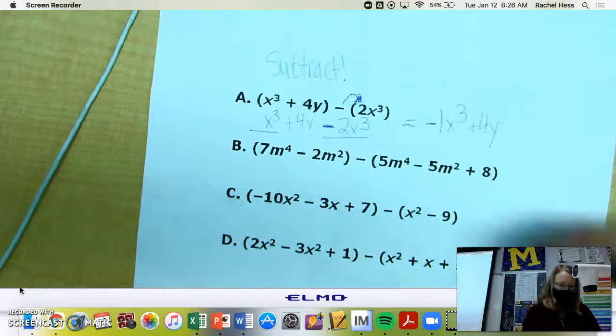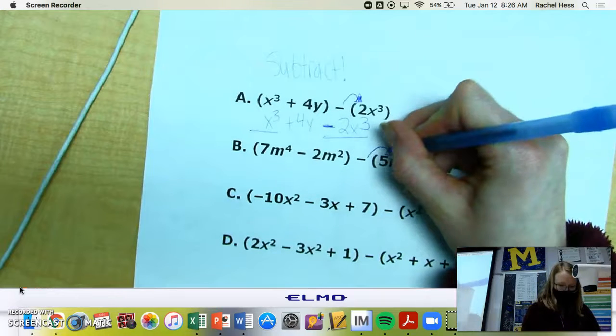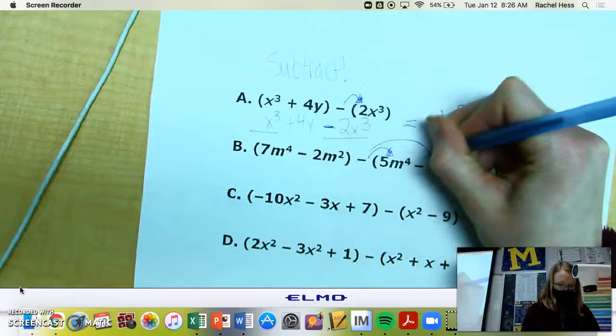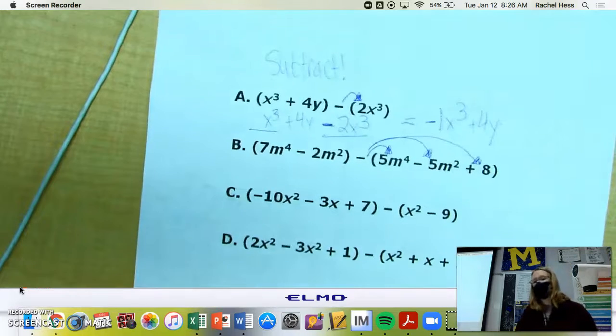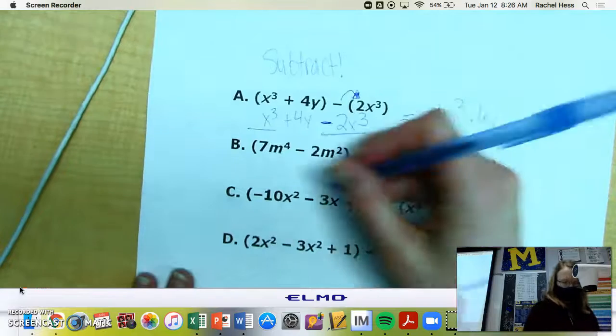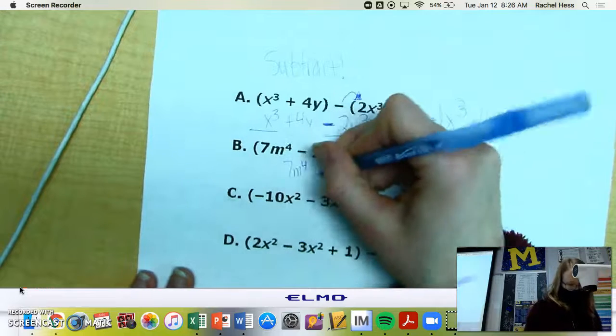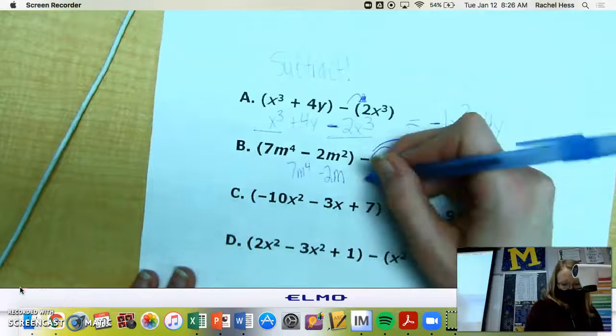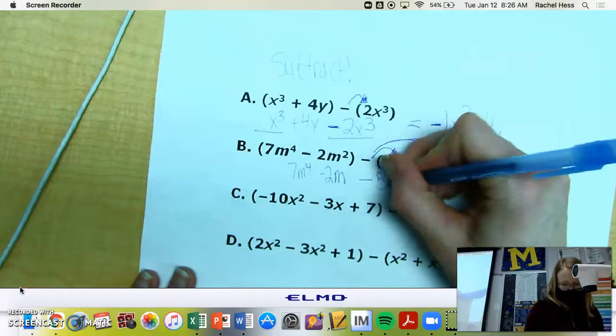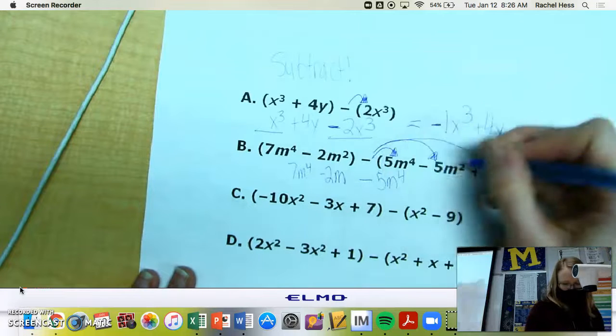The reason I have to distribute is if I'm subtracting this entire thing, it's going to change the sign of all three of these items in the parentheses, right? So I'm going to get 7m to the fourth minus 2m. That doesn't change, but everything after the subtraction sign is going to switch signs.